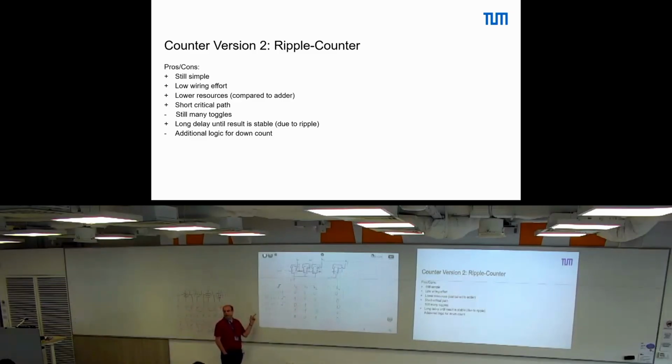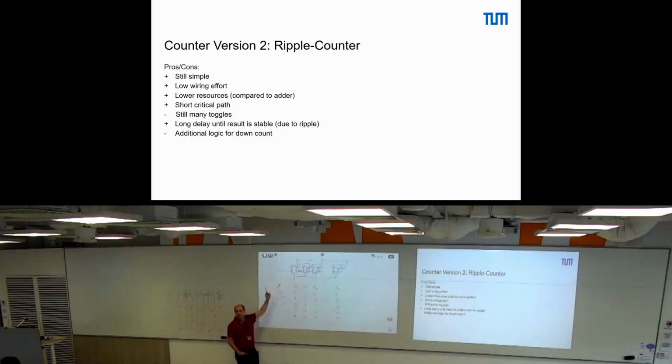What is the critical path of this? To be honest, it's not completely obvious. Why? Because this is an asynchronous circuit. We have no clock here. We only run on the clock edge. So there are two different things we need to consider. The one is what determines the maximum speed we can count events.